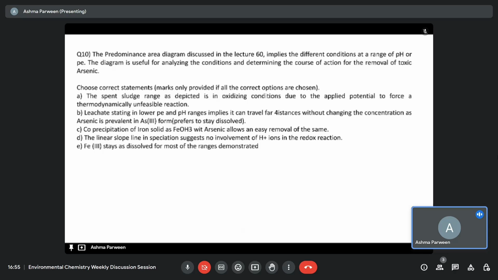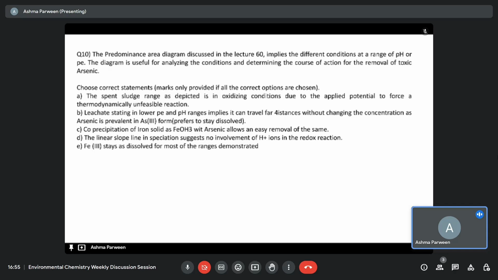The first statement is the spent sludge range as depicted is in oxidizing condition due to the applied potential to force a thermodynamically unfeasible reaction. Next is leachate staying in lower pE and pH ranges implies it can travel far distances without changing the concentration as arsenic is prevalent in arsenic 3 form, prefers to stay dissolved.